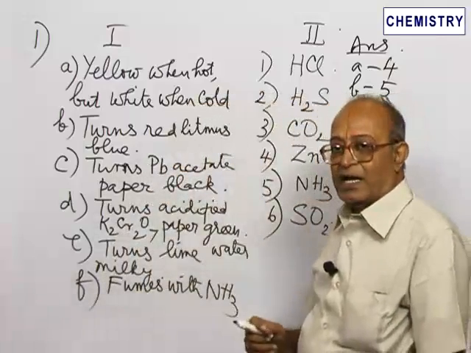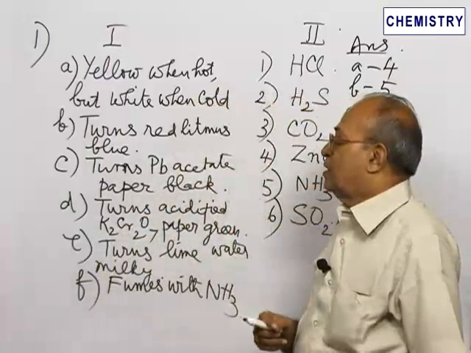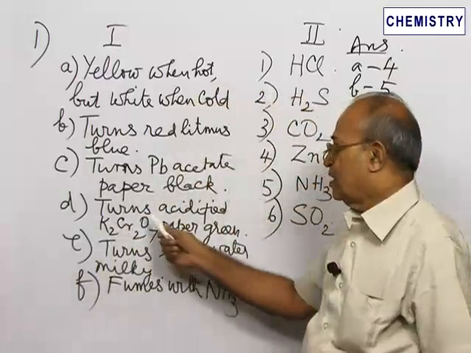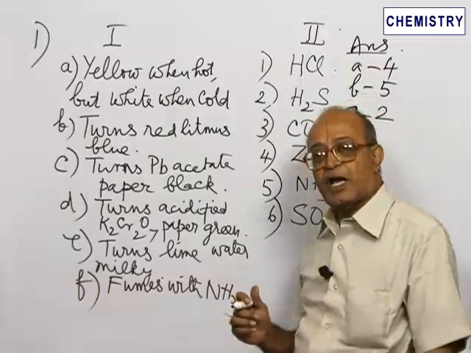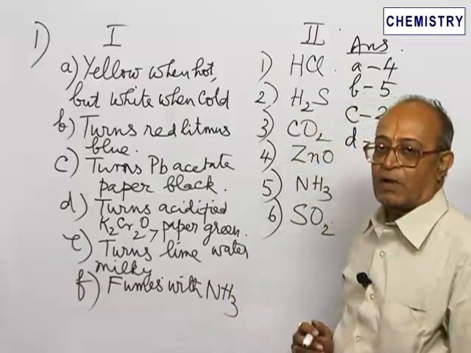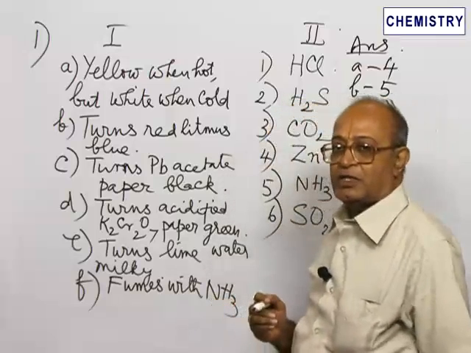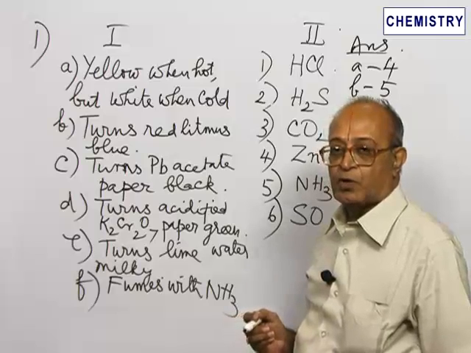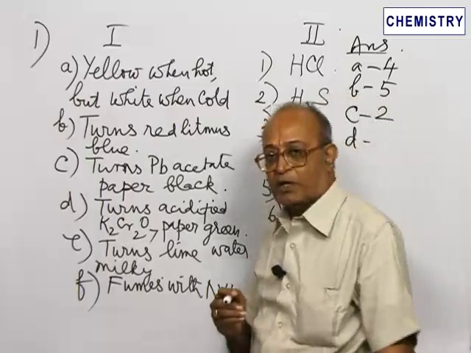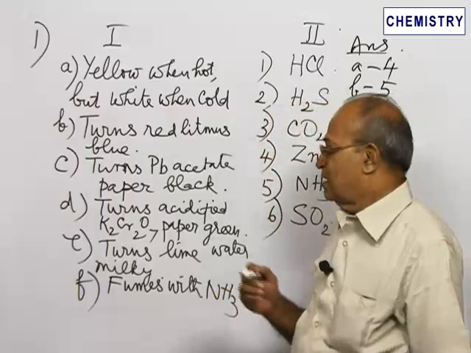Come to D, turns acidified potassium dichromate solution green. Just like lead acetate changes to lead sulfide, here acidified potassium dichromate solution changes green. Probably you know potassium dichromate is red orange. It changes green.